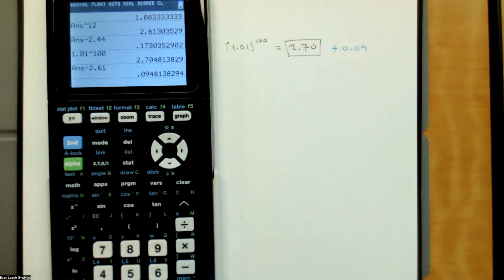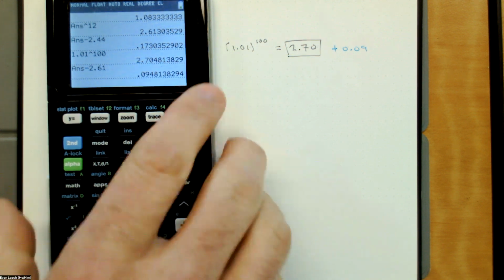So here we've taken a step from 12 all the way out to 100 and only increased the end result by 9 cents, even going from 12 to 100.